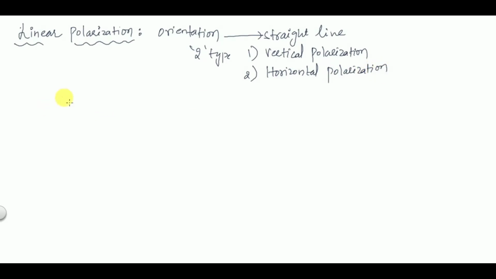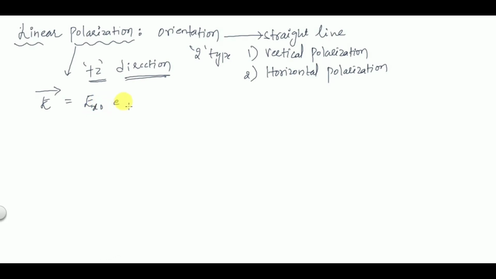Now we'll see what linear polarization is. First of all, we'll write the equation for the electric field. If you have a wave traveling along the plus z direction and it has both x and y components, how can we write the wave equation?